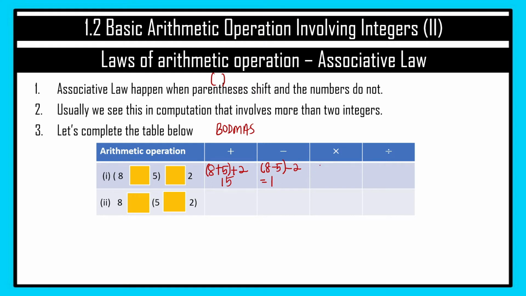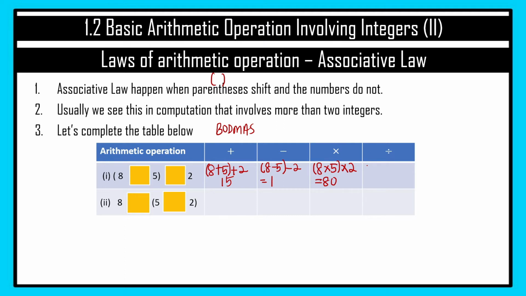Right, the next one is bracket 8 multiply 5, close, multiply 2. Alright, so 8 multiply 5, you get 40. And then multiply 2, you get 80.